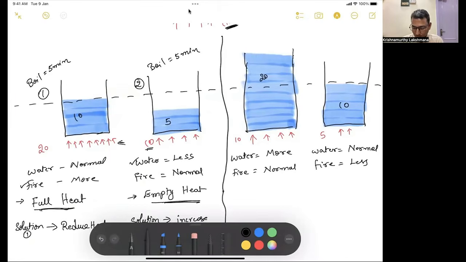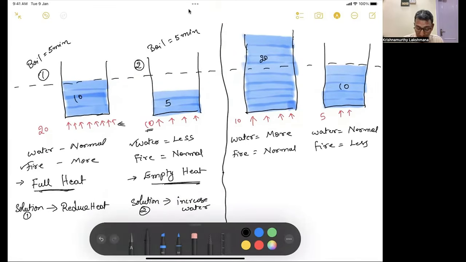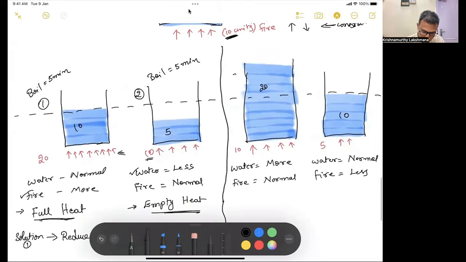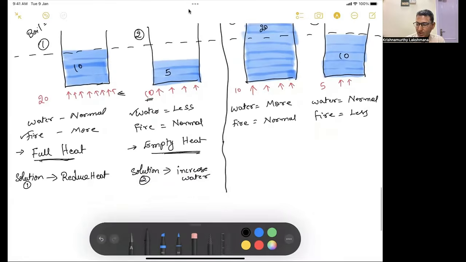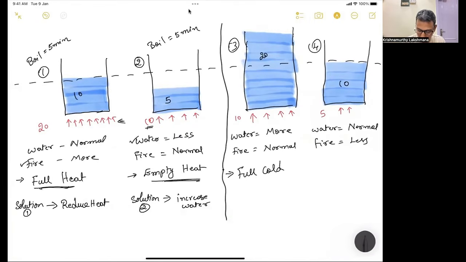Okay. So now in TCM, what do we call this situation? The third situation is called full cold, full coldness. And the fourth situation is called empty cold.